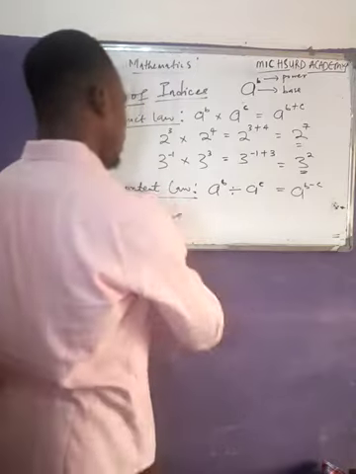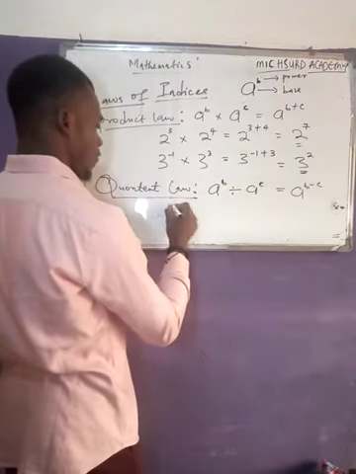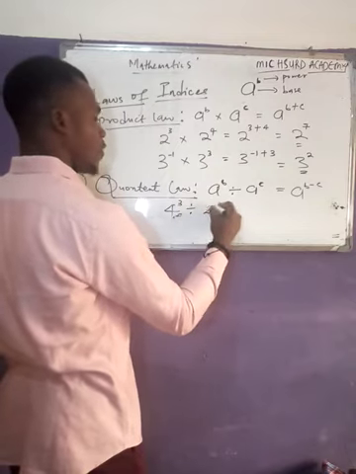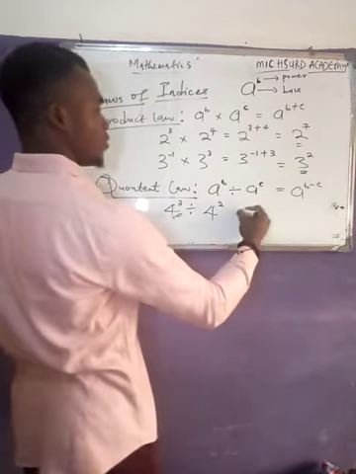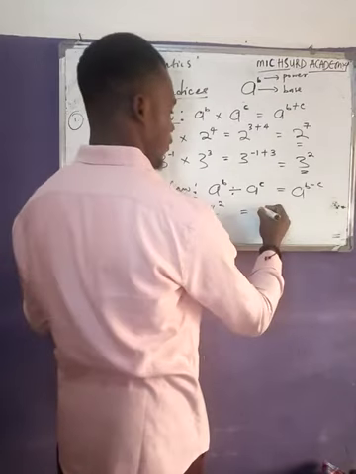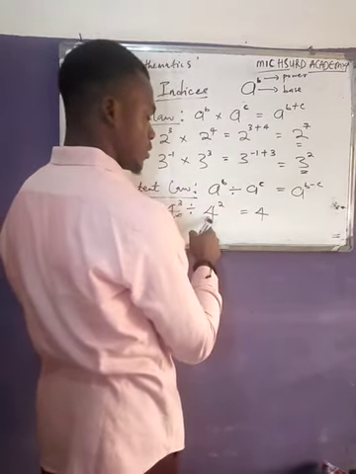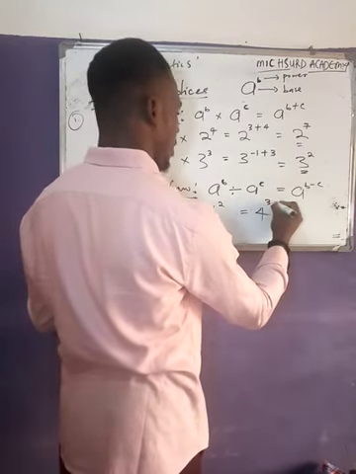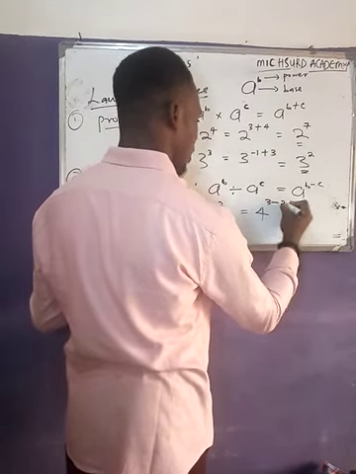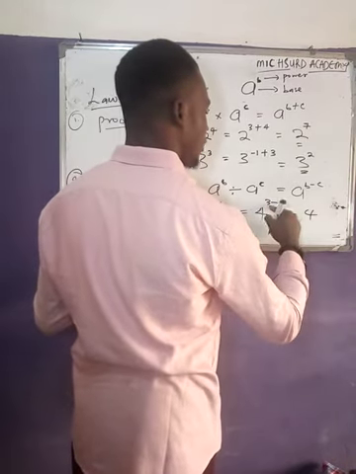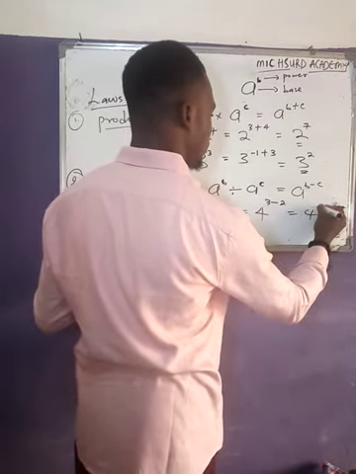Now for example, if I have 4 raised to power 3 divided by 4 raised to power 2, this will be equal to 4, which is the common base, raised to power 3, because we are dividing, we subtract. So this will be 4 raised to power 3 minus 2, which is 1.